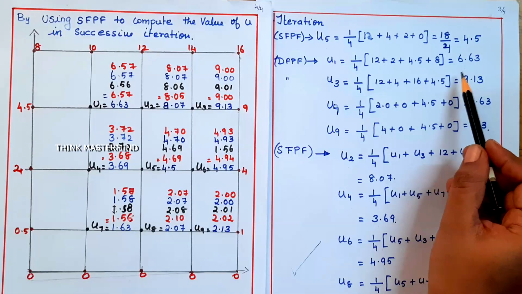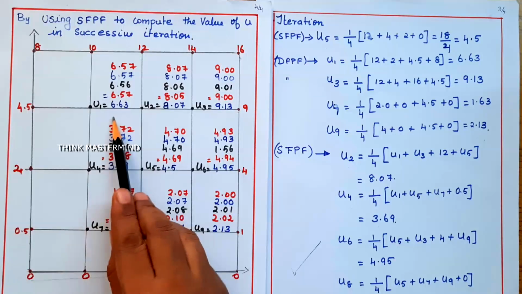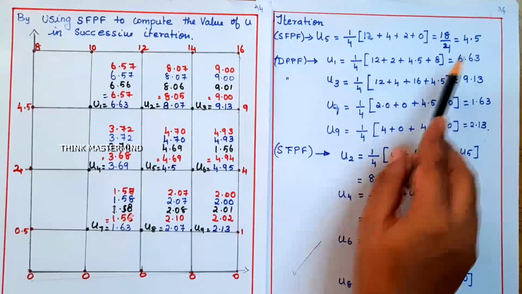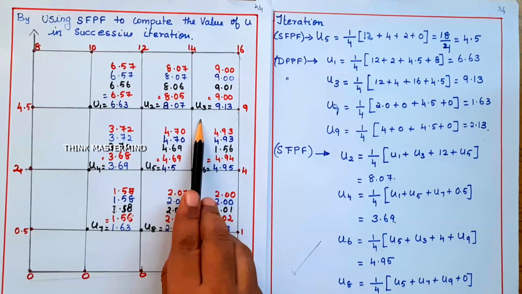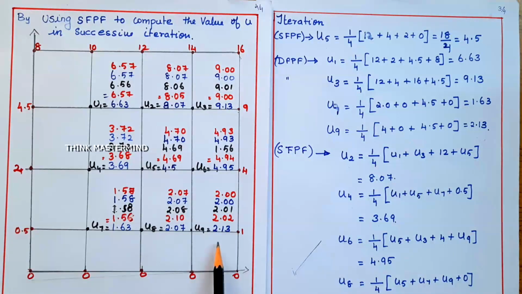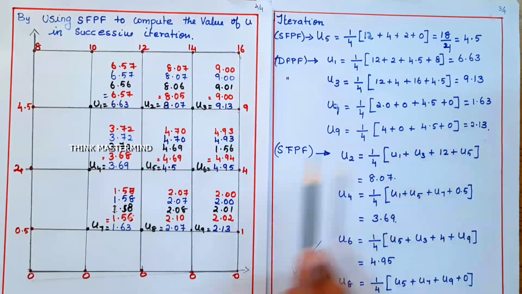So fill in the points. u1 is equal to 6.63, u5 is 4.5 and u3 is 9.13 and u9 is 2.13 and u7 is 1.63.